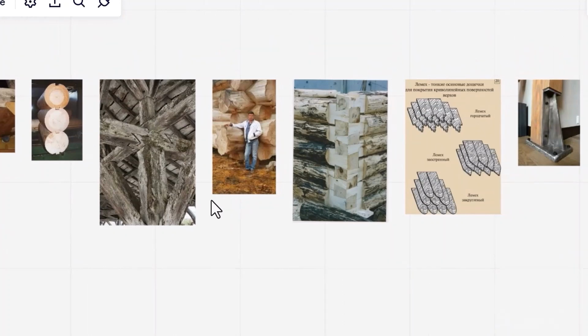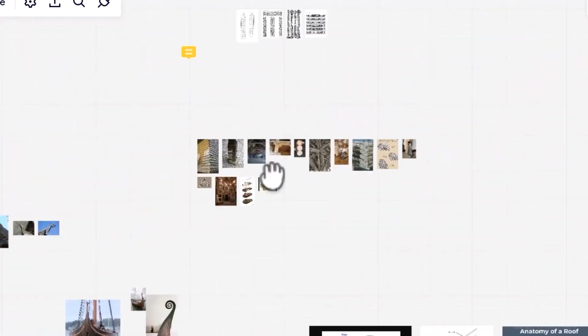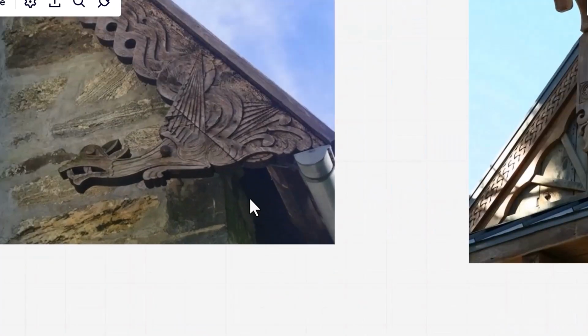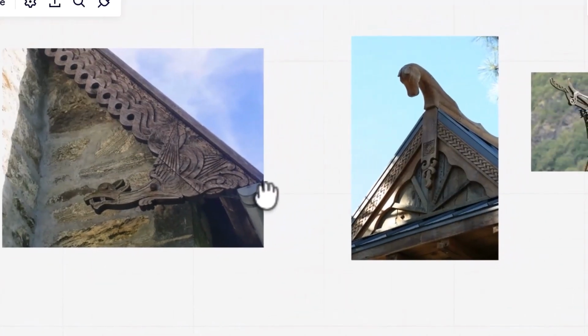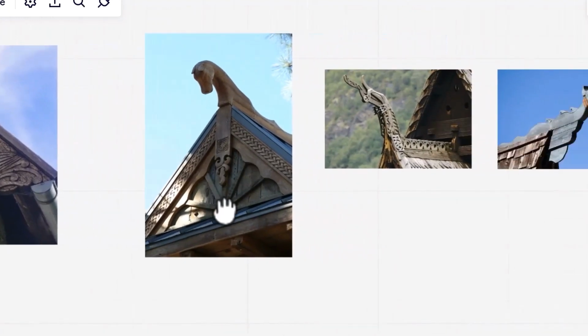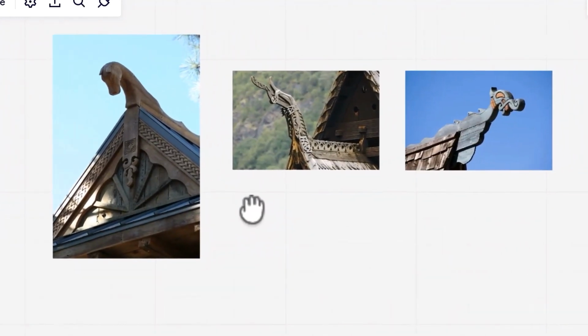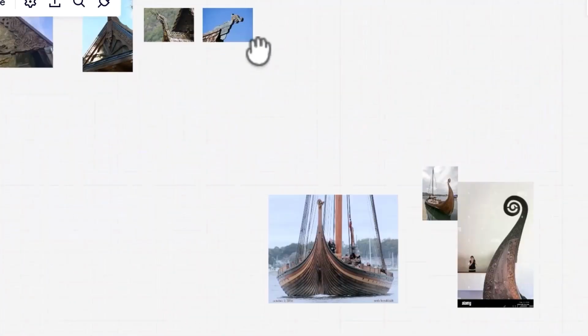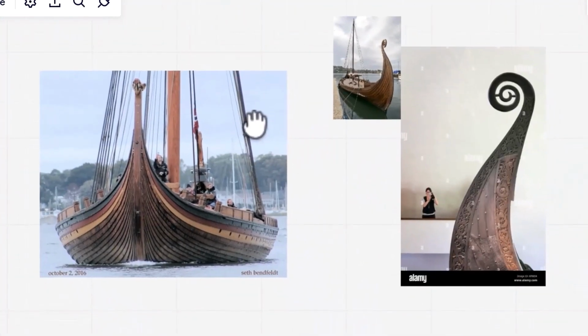They also have these interesting horses at the top of the buildings and some beautiful carvings. And overall, I've seen concepts referencing from Viking boats, so maybe I will incorporate a bit of that. Who knows?